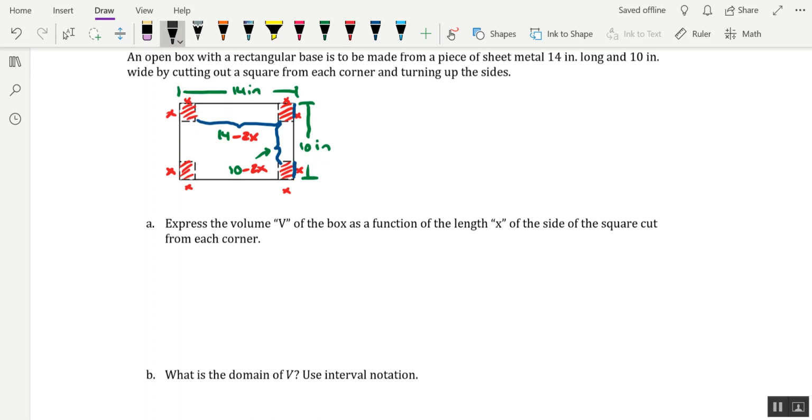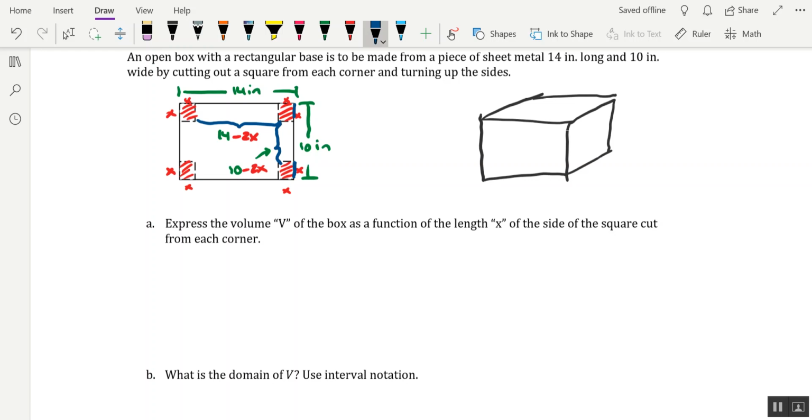So over to the right, I'm going to go ahead and draw out a box as best as I can. Very janky looking box, but it'll do. And remember, the volume of a box is length times width times height.